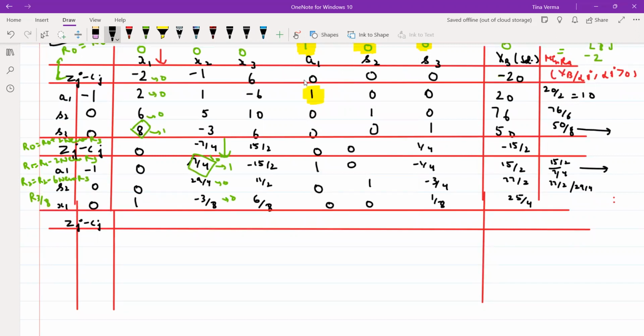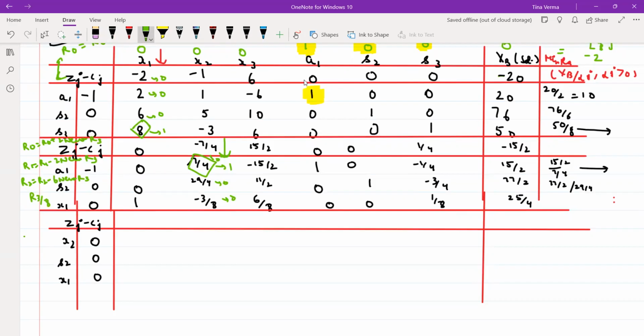But now, in the next iteration, my variable x2 will come, as here it will be s2 and here it will be x1. The cost coefficients are 0, 0, 0, and you apply your row transformation so that you make this element 1.